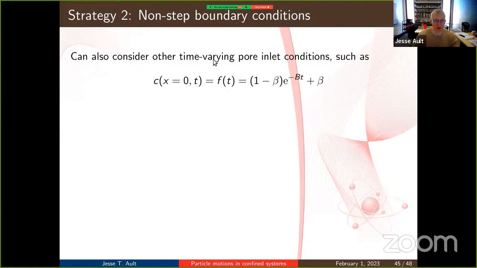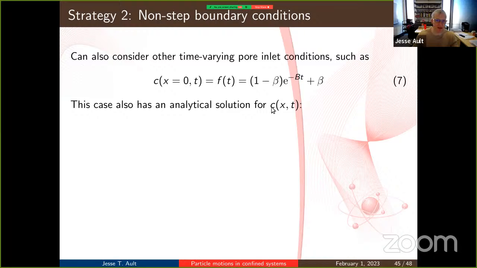So you can think about something like an exponential boundary condition, where you have this constant B now, which you can control. If B is very large, then this term will disappear very fast, and it's essentially like the step boundary condition. If B is small, then you're basically prolonging the change in concentration at the pore entrance, and in some sense, you may prolong the diffusiophoresis and enhance efficiency in that way.